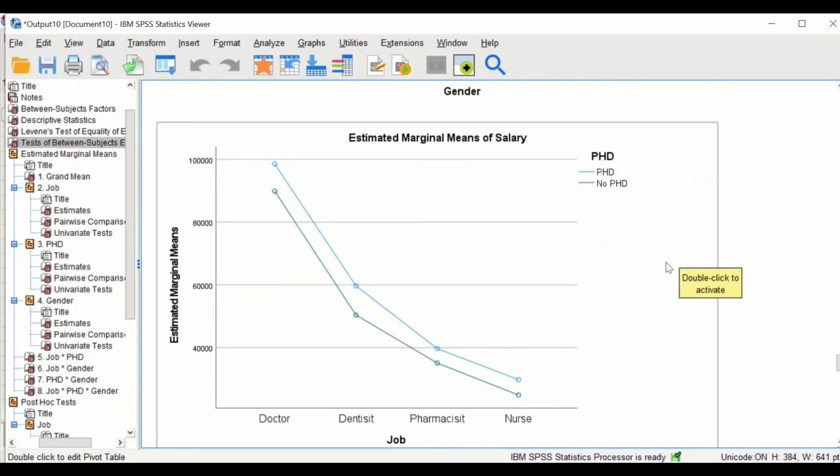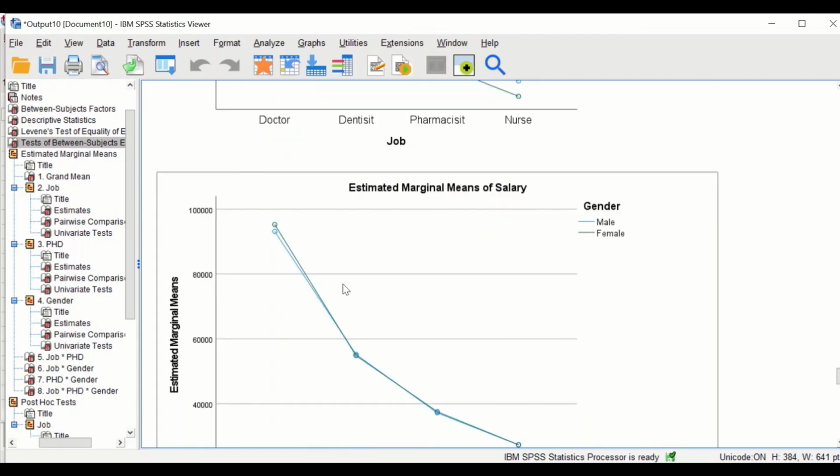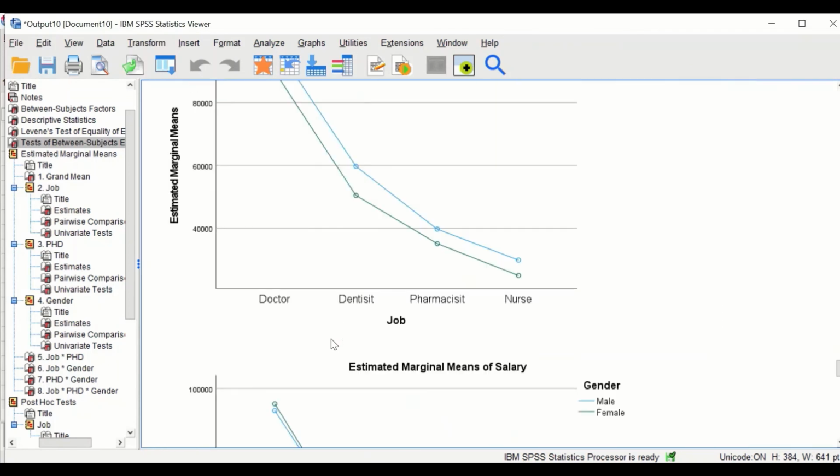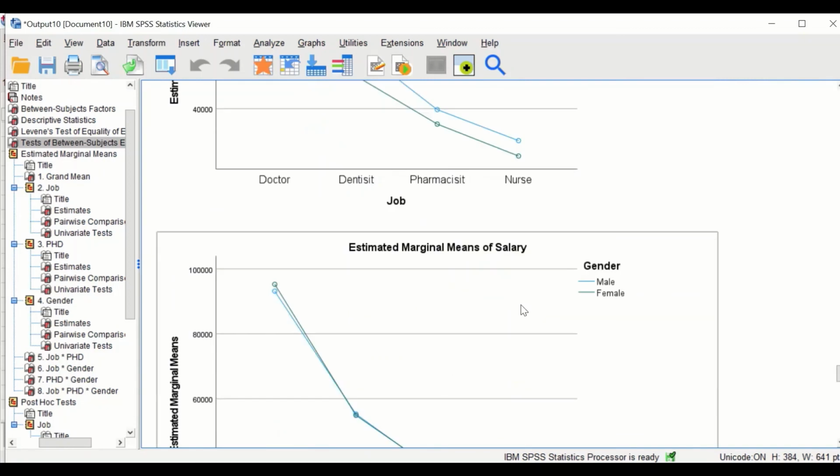The other graph shows the interaction between the factors, job and PhD, and we can see from this plot that those who have a PhD have a higher salary compared to those who do not, whether they are doctors or dentists or pharmacists or nurses.